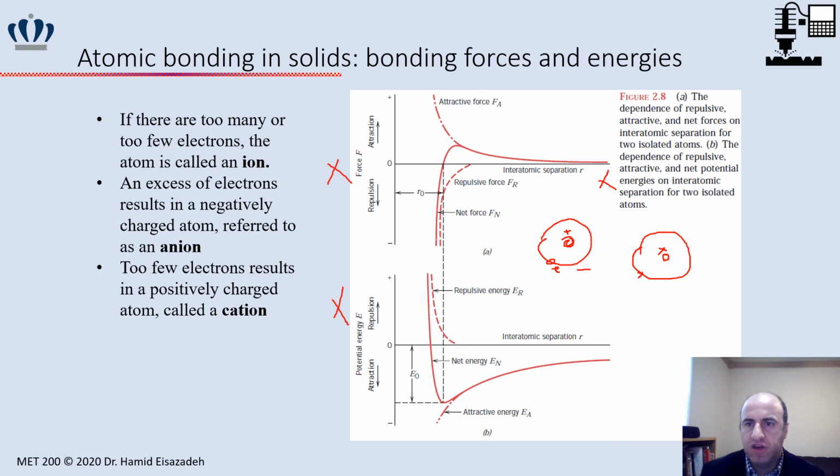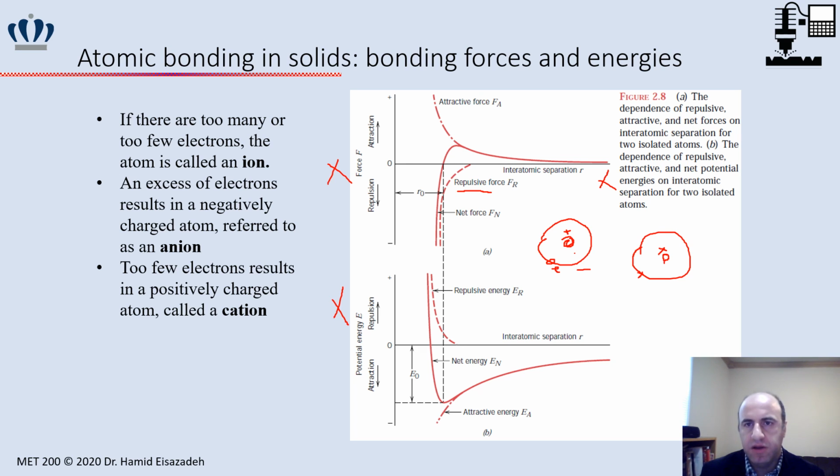This attraction increases, but at a certain distance, this electron and the electron on the other atom will create a repulsive force. And the same thing happens with these two nuclei. So that's why we get a repulsive force when we have these atoms too close to each other.